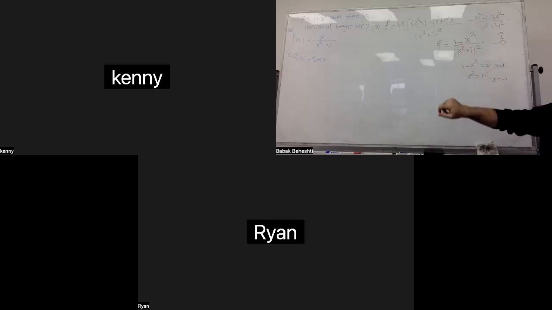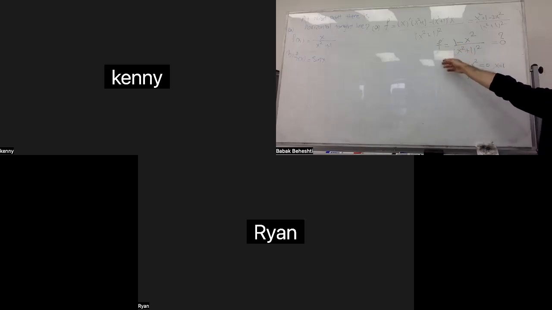F prime is 1. When x is 0, f prime is not 0. Oh, I see. But I'm not interested in that. I'm interested in the points where f prime is 0, not x is 0. F prime is 0 if and only if x is either 1 or -1. Is that clear? Yes.